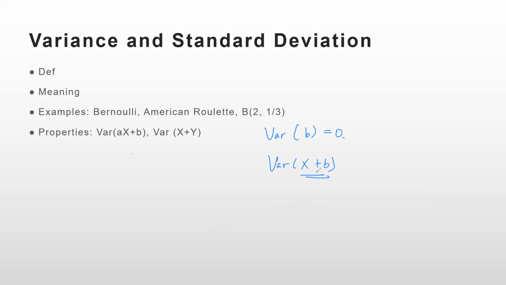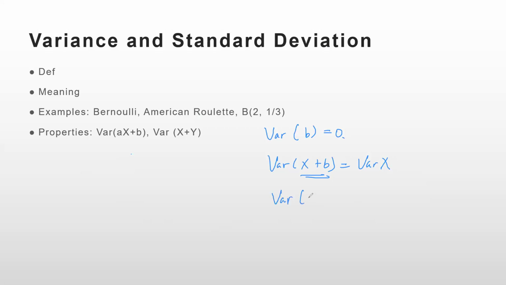What it means is that you're shifting the random quantity to a different place, but the variance tells us the variability, the shape of the distribution, of the histogram. You move it around, it doesn't change the shape. So the variability doesn't change if you shift around. So it's always the same as the original variance.